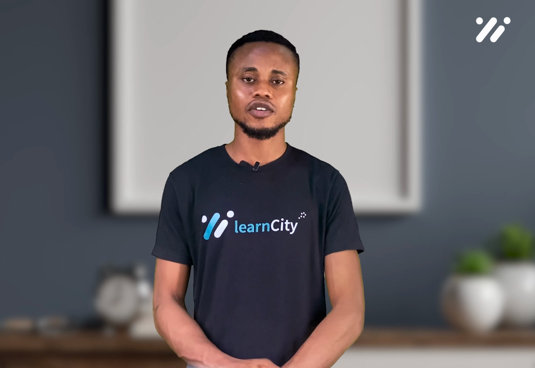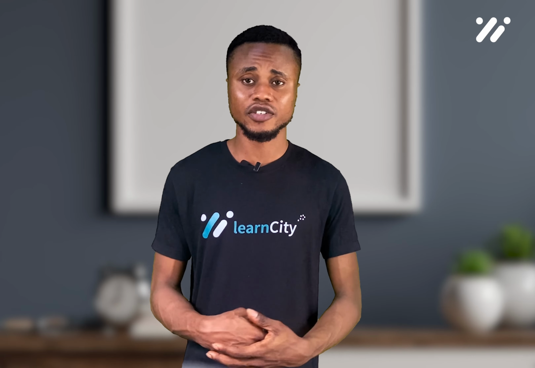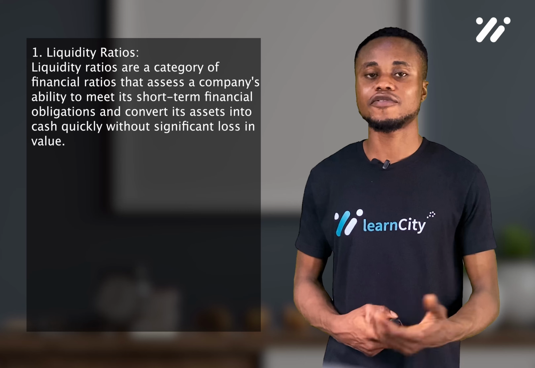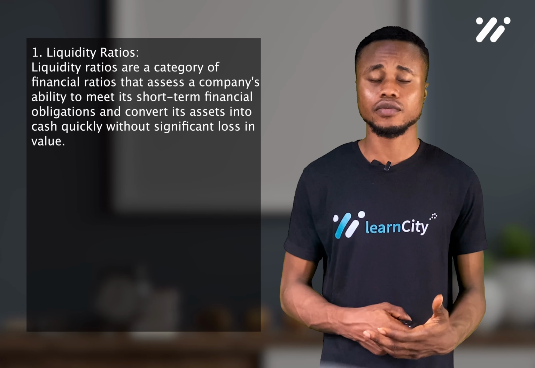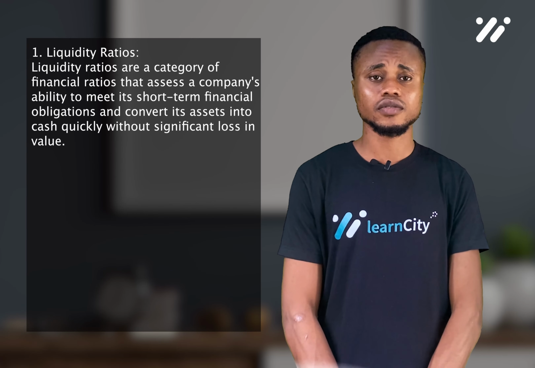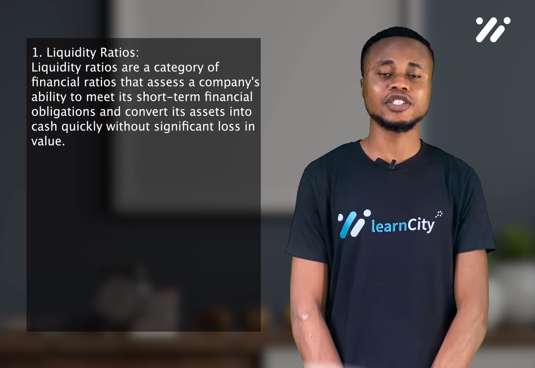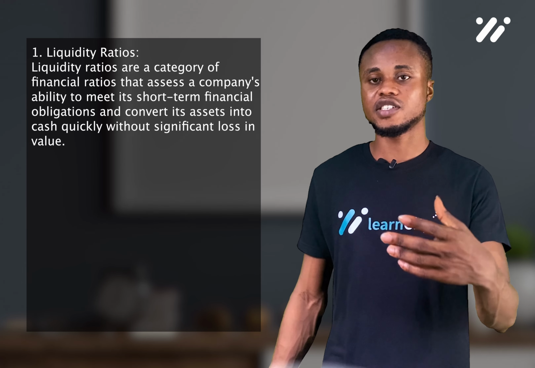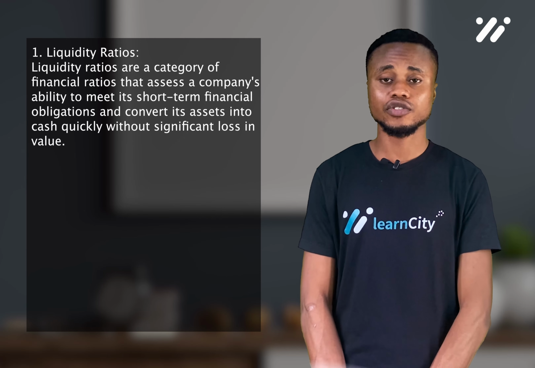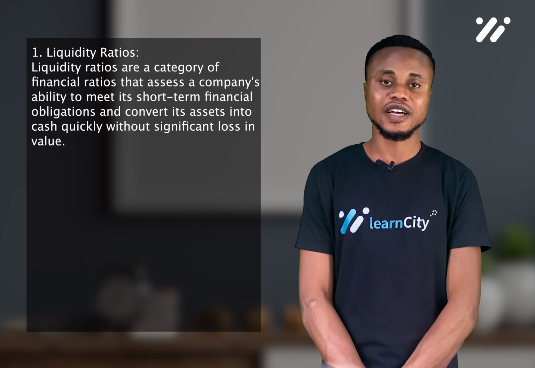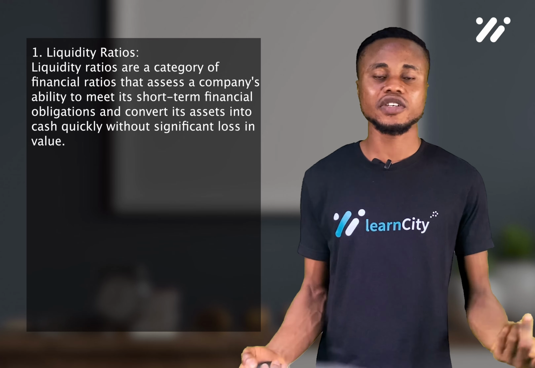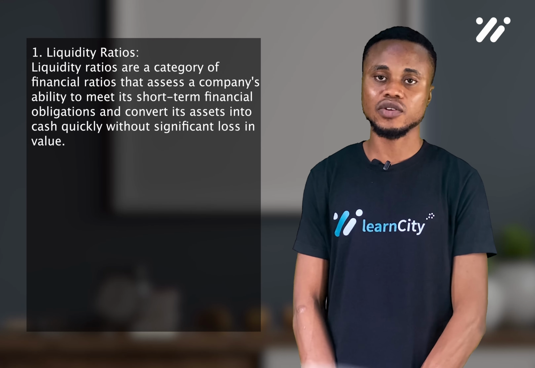So let me now talk about some common financial ratios and their formulas. The first one is liquidity ratio. Liquidity ratios are the category of financial ratios that assess a company's ability to meet its short-term financial obligations and convert its assets into cash quickly without significant loss in value.